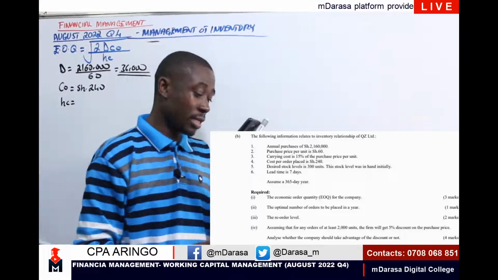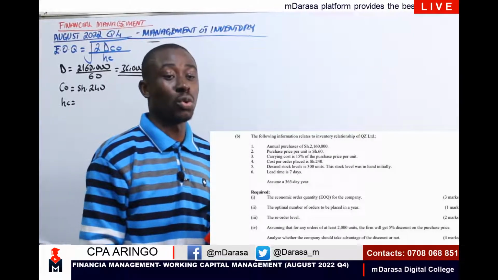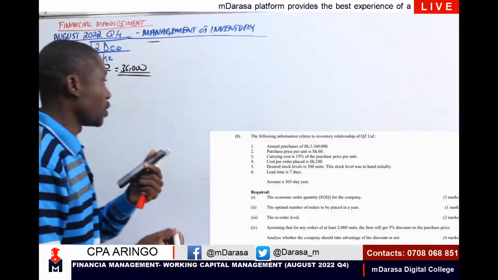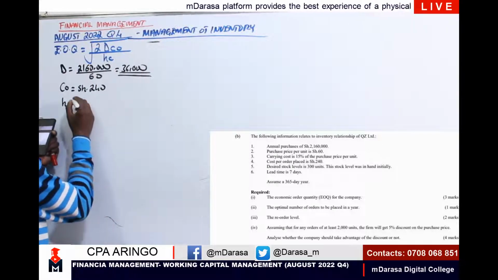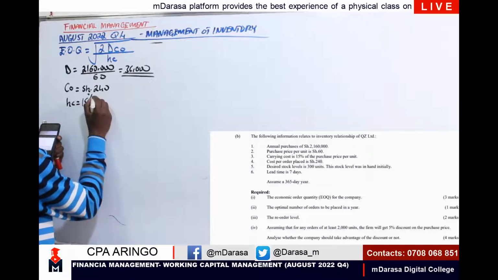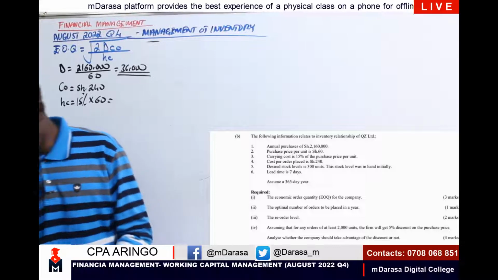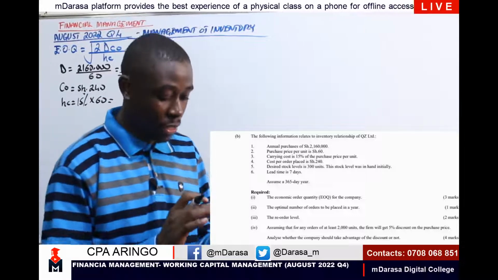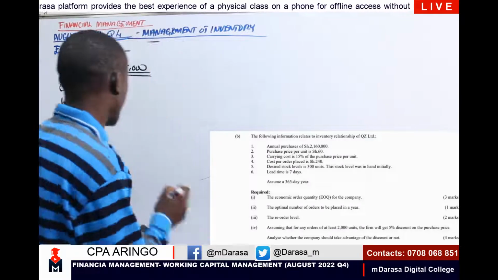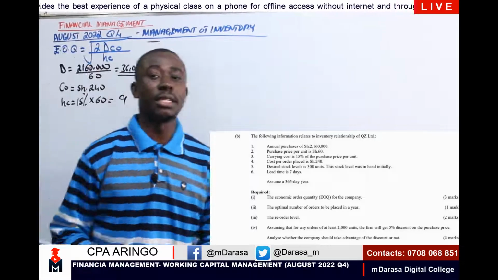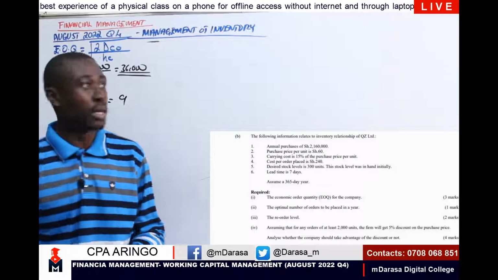The examiner told us that our carrying cost, which is the same as holding cost, is 15% of the purchase price per unit. So we are talking of 15% times 60, which in that case should give us how much? It should be 0.15 times 60, which will give us 9. So the moment you have this, clearly we can determine our EOQ.